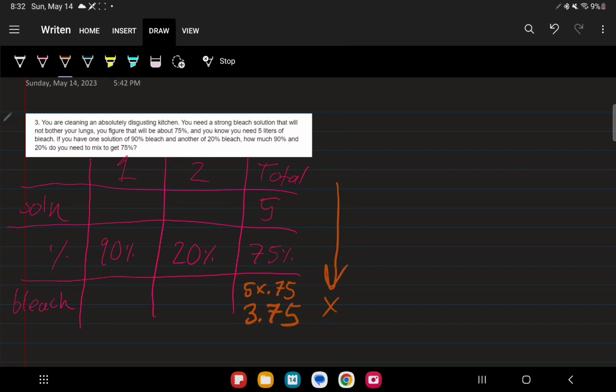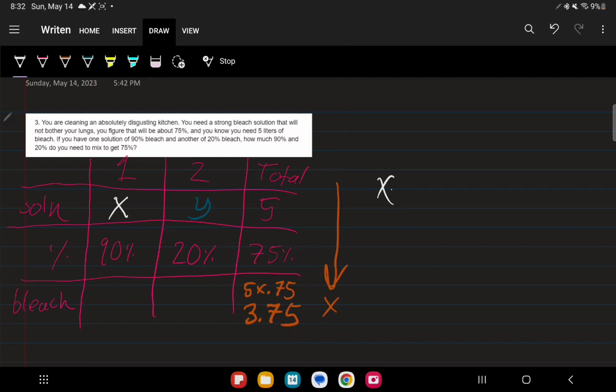Now we need to fill these in. I don't know what they are, and I get to pick what I want them to be. I'm going to call solution 1 x. I don't know what x is. I'm going to call solution 2 y, and I need to solve for y.